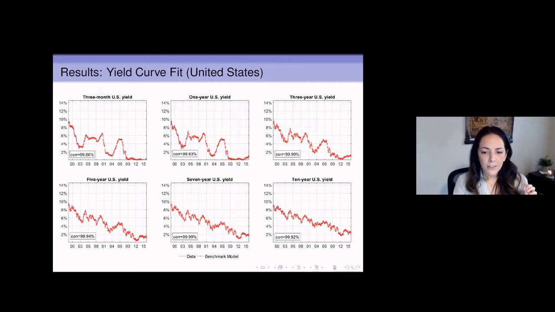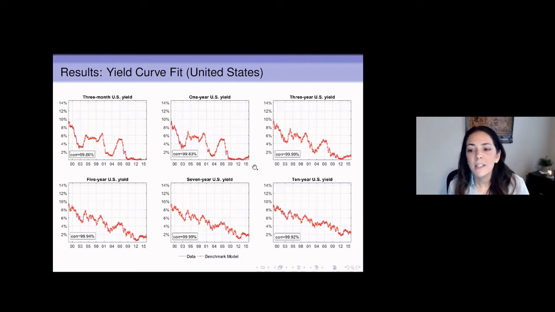And if you're struggling to see where the blue line is, that's because the model does such a good job of modeling US yields that they're on top of it most of the time. So if we focus on the 1-year yield, you could see that towards 2015, there is some sort of deviation, where the model is predicting interest rates slightly higher than the actual data.